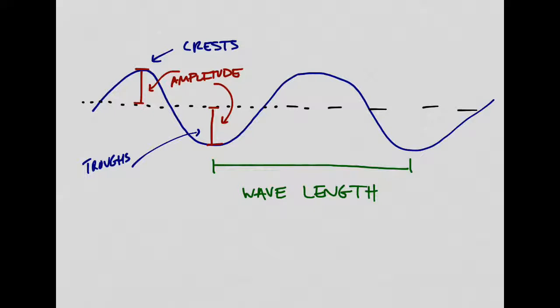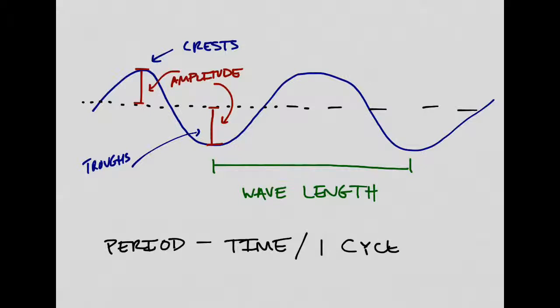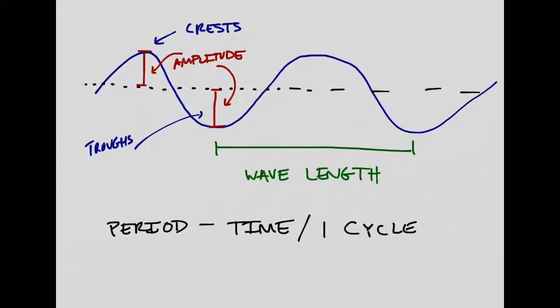This word should be familiar to you guys because we talked about period early on in the year. The period is the time for one cycle. You can also think of it as the seconds per vibration.